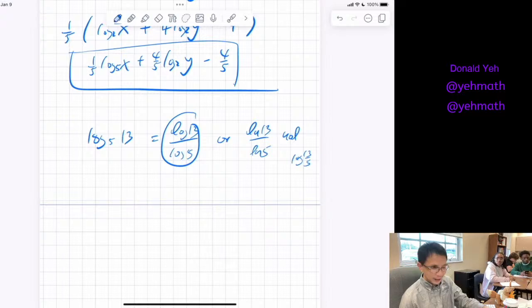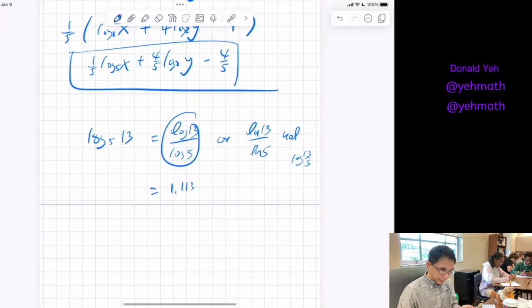I'll tell you the answer. Log base 5 of 13. So try it. But you can try natural log too. So try both. This one is natural log, 1.1139.